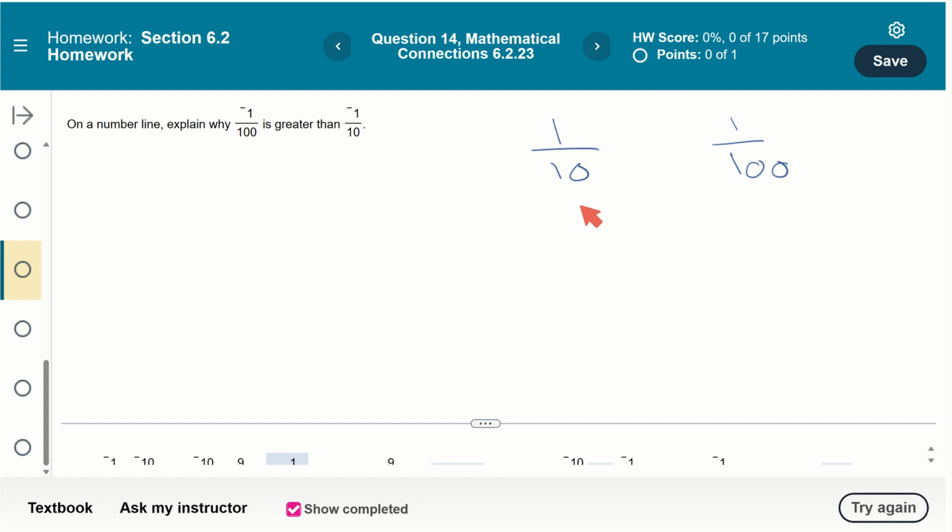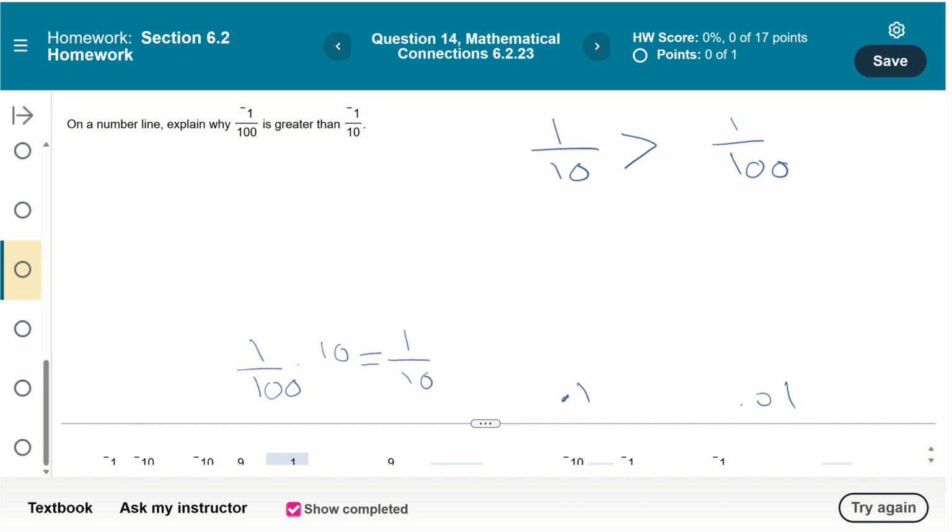The one with the smaller denominator is actually going to be the larger fraction. Just think about it. 1/10 is 0.1 and 1 over 100 is 0.01. In fact, this one is 10 times larger than that one. Also consider that if you take 1 over 100 and multiply it by 10, you get 1 over 10. So definitely in this case, this is greater than that, right?